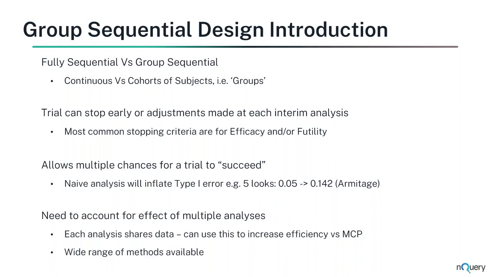At each of these interim analyses, the trial can either stop early or adjustments can be made to the trial. The most common criteria for stopping would be stopping for efficacy and or futility. From a regulatory point of view, it's probably worth noting that the timing of these interim analyses and also any efficacy or futility boundaries should be pre-specified within the study protocol in advance.